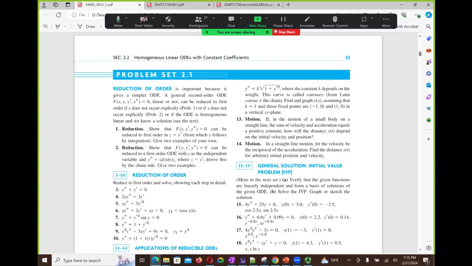This is the f function. You have y, y prime, y double prime, but you don't have x. If you have x, then it doesn't work. It can be reduced to a first order ODE with y as the independent variable. y prime equals this expression, where z equals y prime, derived by the chain rule.